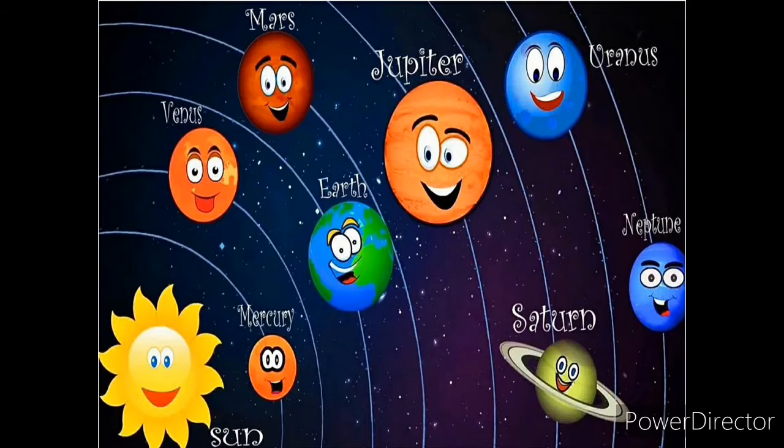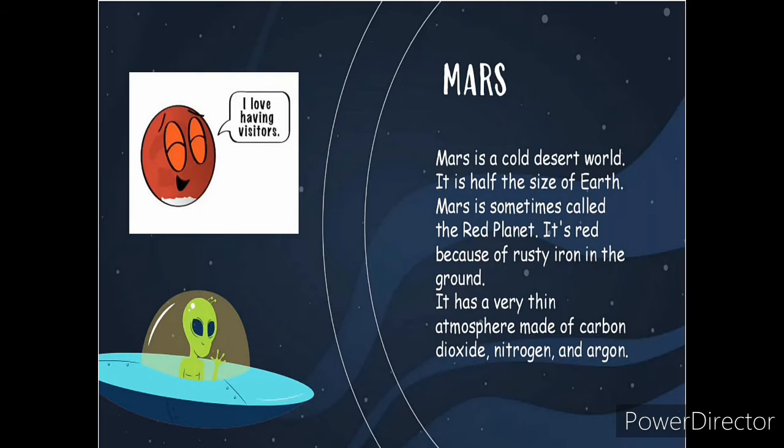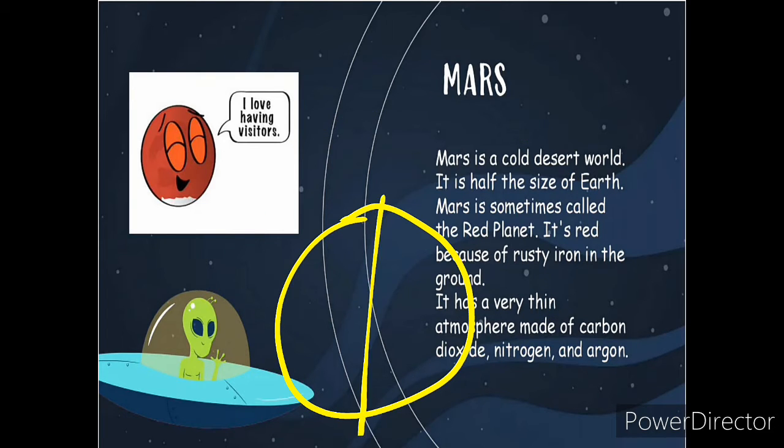So our next planet is Mars. I love having visitors. Now Mars is saying I love having visitors because many visitors have gone over there, right? Mars is a cold desert world. It is half the size of Earth. Suppose Earth is this much, then it is only half the size of Earth.